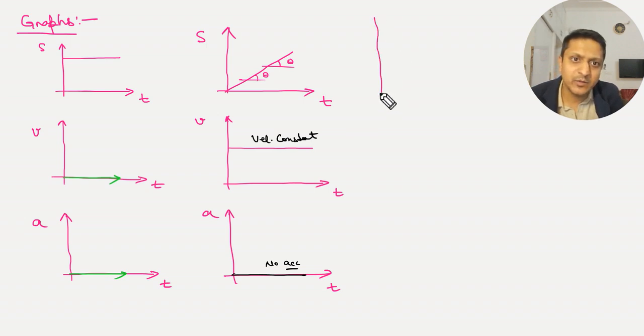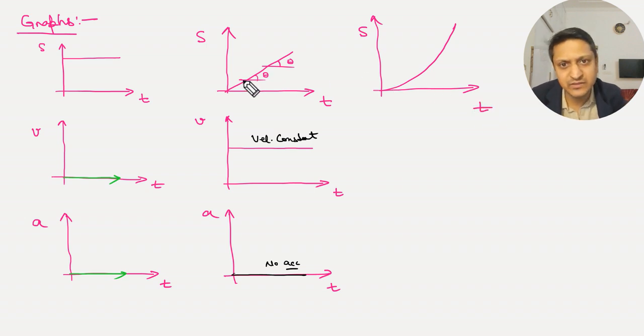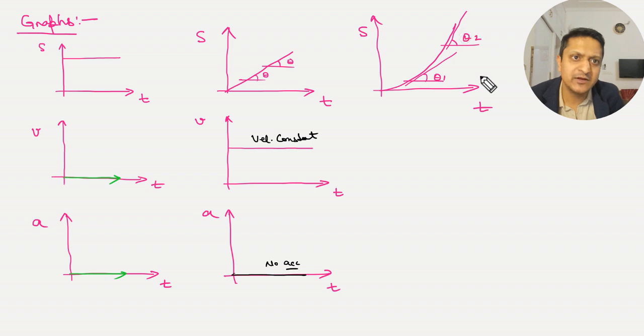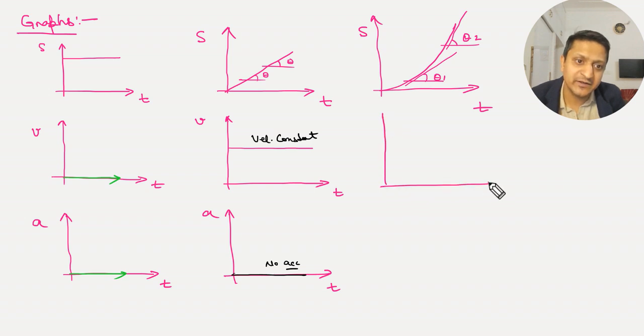Then the third one, if there is a non-uniform motion like this, and we draw one tangent here and another tangent here, we get theta 1 and theta 2. Theta 2 is greater than theta 1, so the slope is increasing.